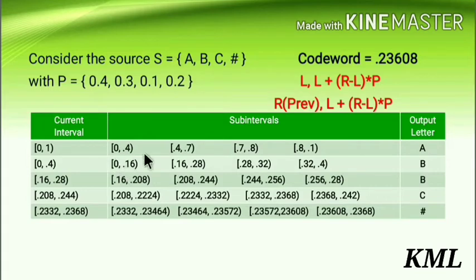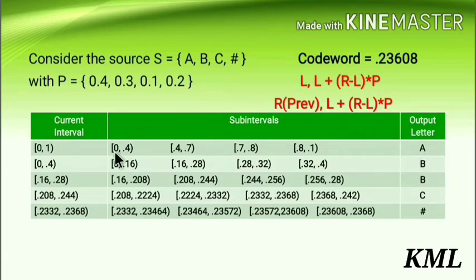Since this interval is at position 1, with positions being first, second, third and fourth, you have to check which letter is at position 1 in the source. We have A here, so you output A. Check the position of the sub interval, check the position in the source, find out which letter is at that position and output that letter. So you get A here.